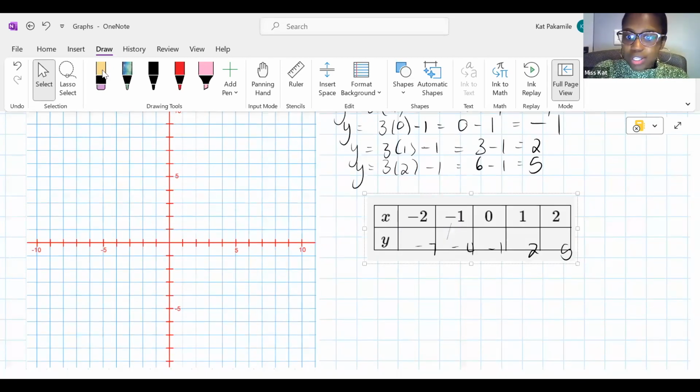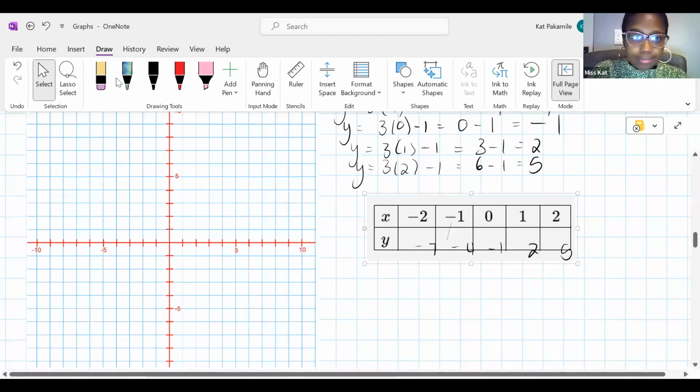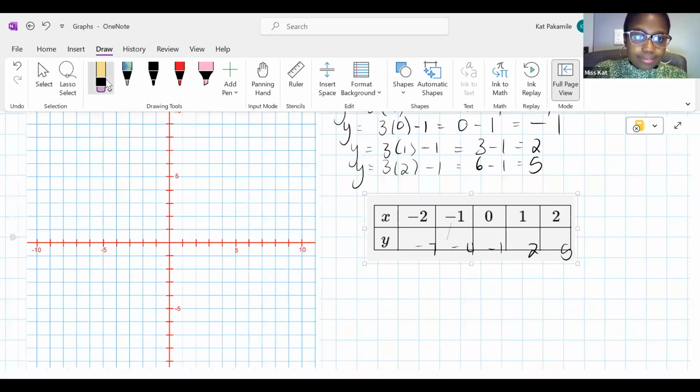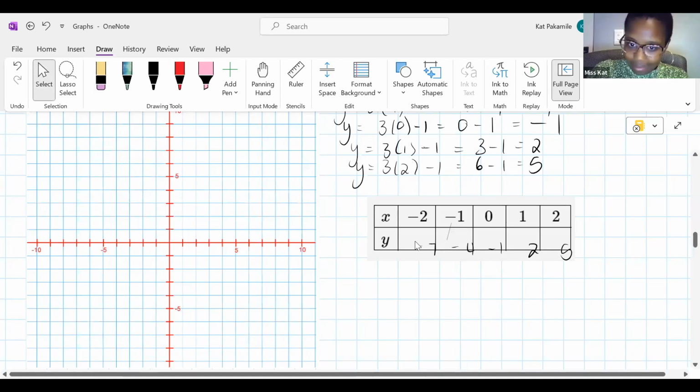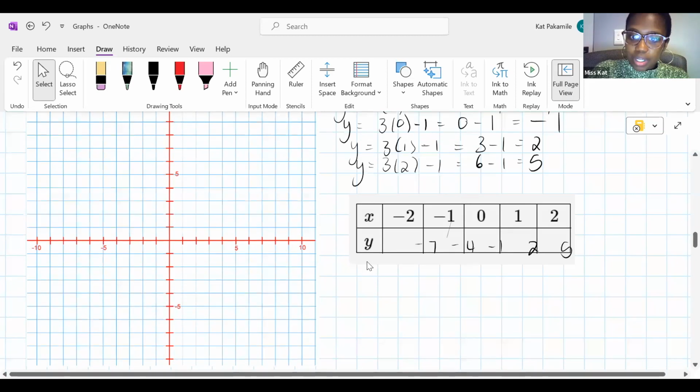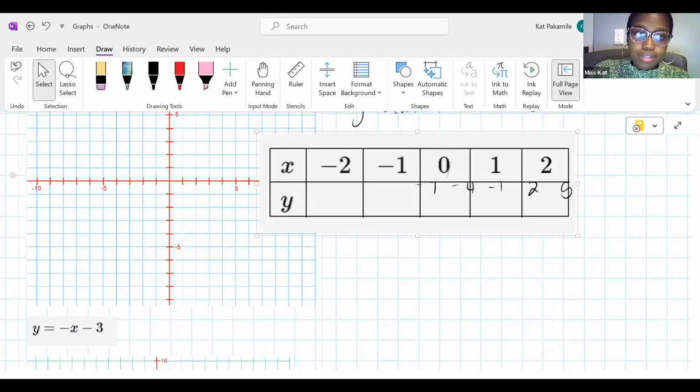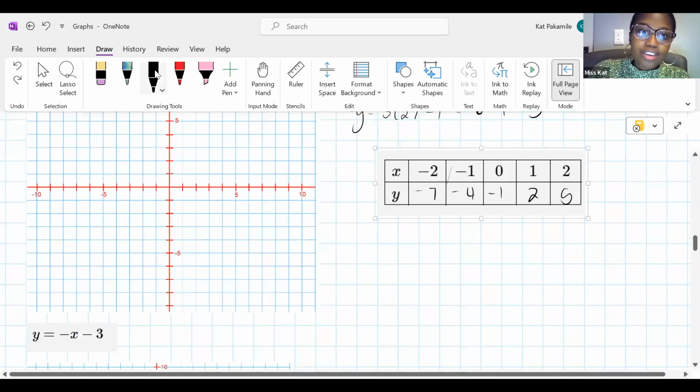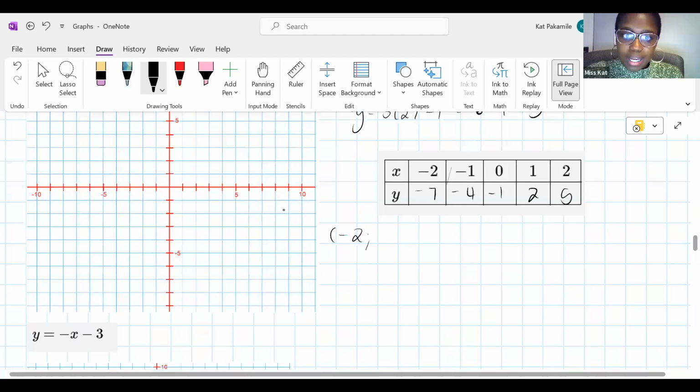Okay, tell me how to write it again. Open bracket -2, and then the semicolon, -7, and then close bracket. That's true. Thank you very much. So my first coordinate is (-2; -7). Brilliant. Thank you very much.